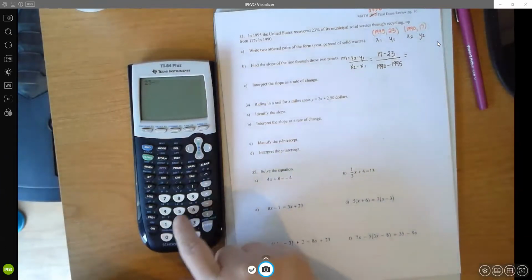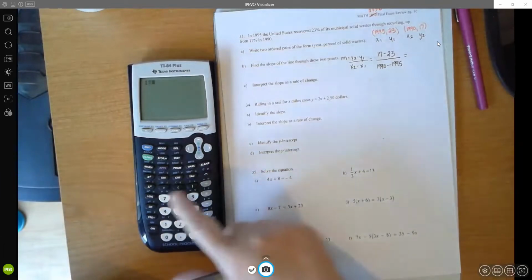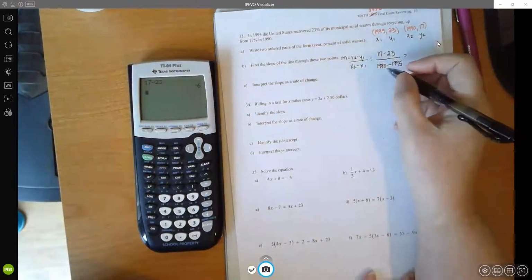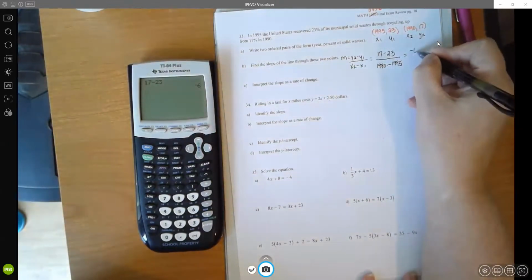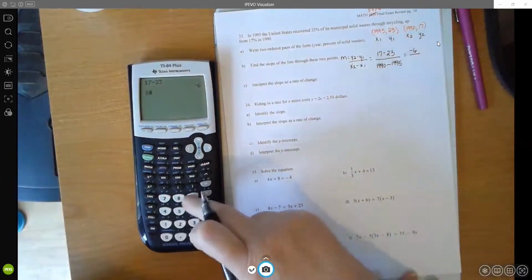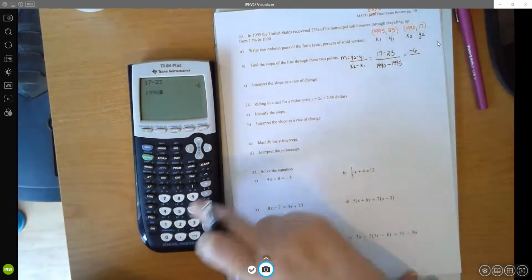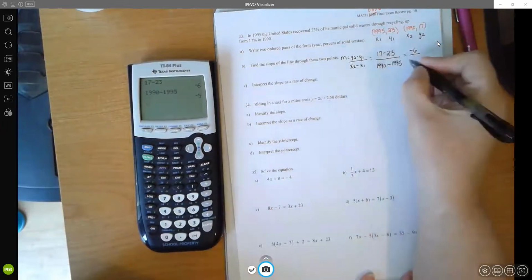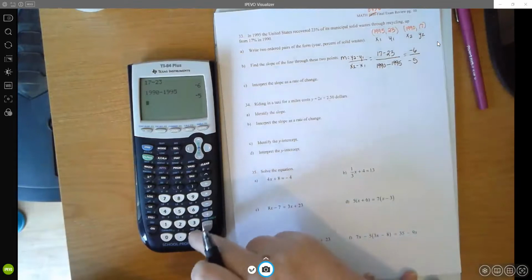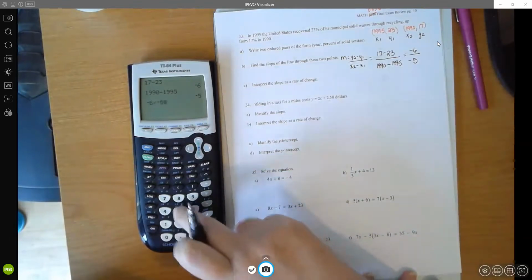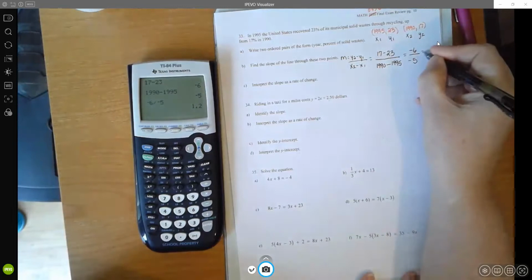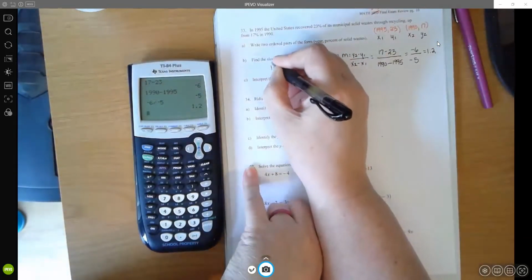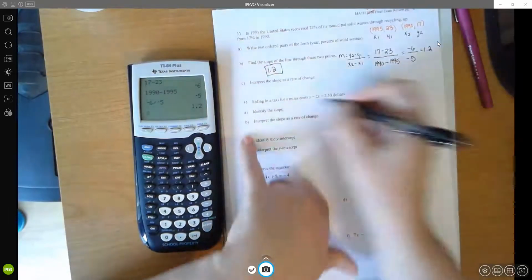17 minus 23, which gives me -6, and 1990 minus 1995, which is -5, and -6 divided by -5 equals 1.2. So there's the slope, 1.2.